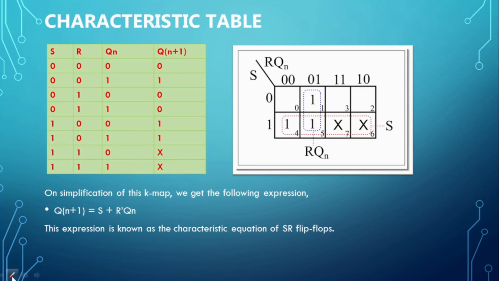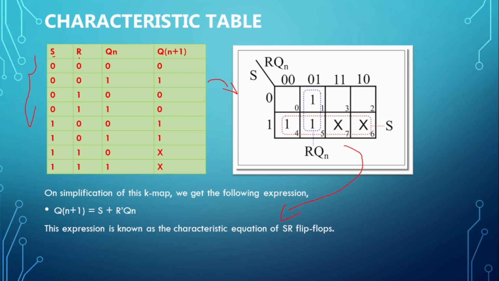Characteristic table of SR flip-flop. First of all, you need to draw the characteristic table. Afterwards, you need to design a K-map with the help of this characteristic table and write down the characteristic equation with the help of the K-map. First, the characteristic table.